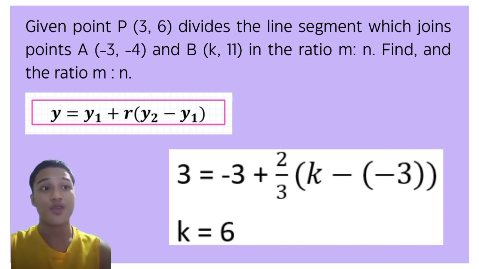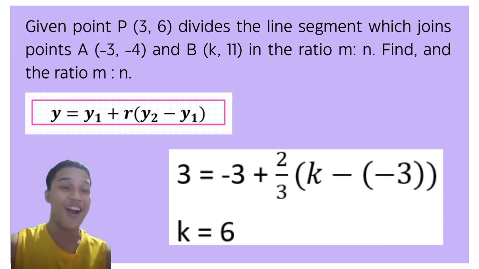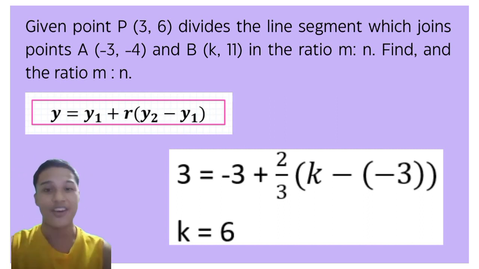We will use the solution now: y = y sub 1 + r, or the ratio rather, times (y sub 2 - y sub 1).